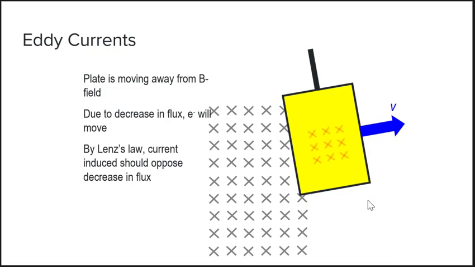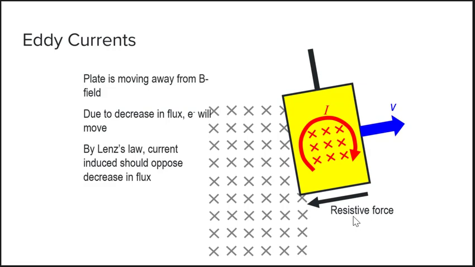Hence, the induced current will set up in this direction to generate a magnetic field in the same direction as the external field. Now, let's look at it in terms of the poles. Now, we see a north pole is now generated at the back of the plate facing the south pole that's generated by the external field. The induced current is therefore set up in such a way to attract the plate that is moving out, and again, it will slow the plate down.